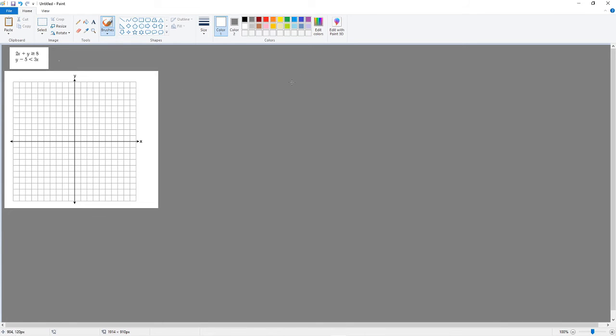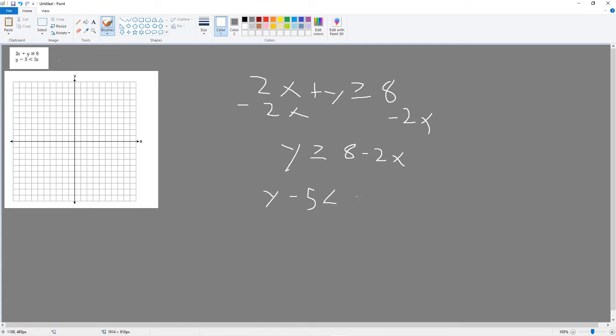So 2x plus y is greater than or equal to 8, right? We can solve for y by subtracting 2x. So y is greater than or equal to 8 minus 2x. The other line we have is y minus 5 is less than 3x.